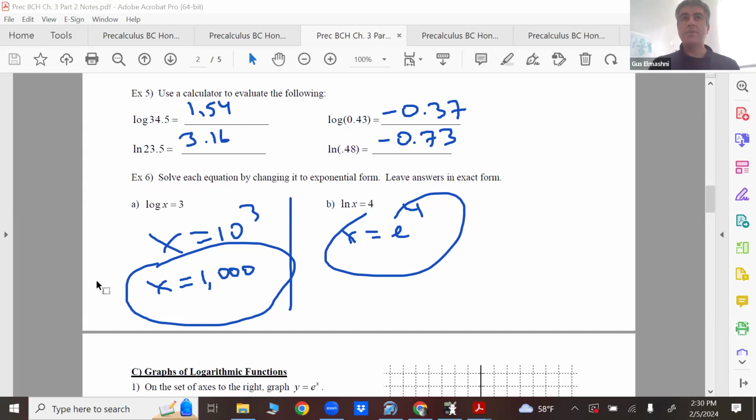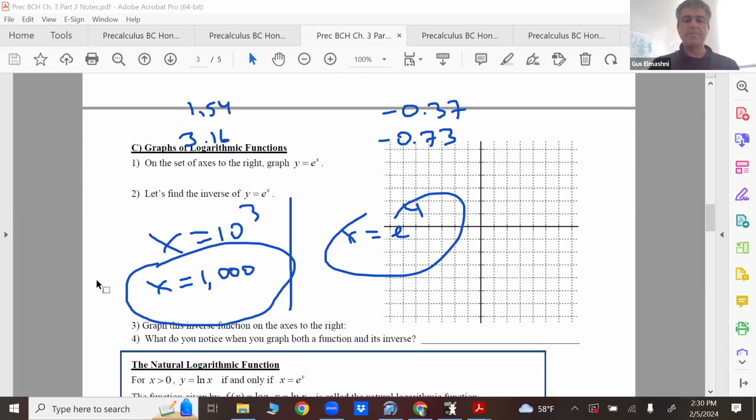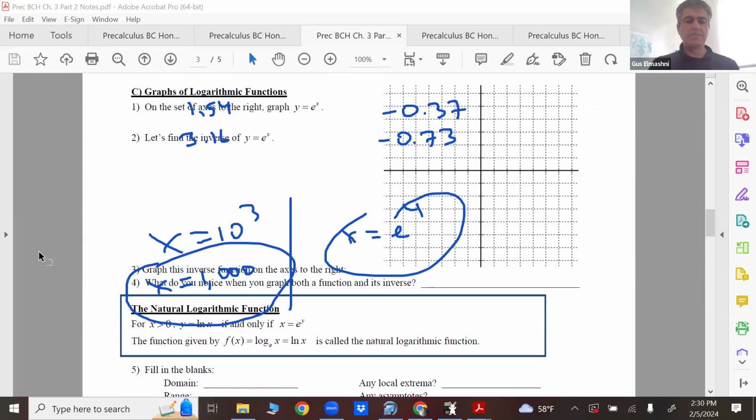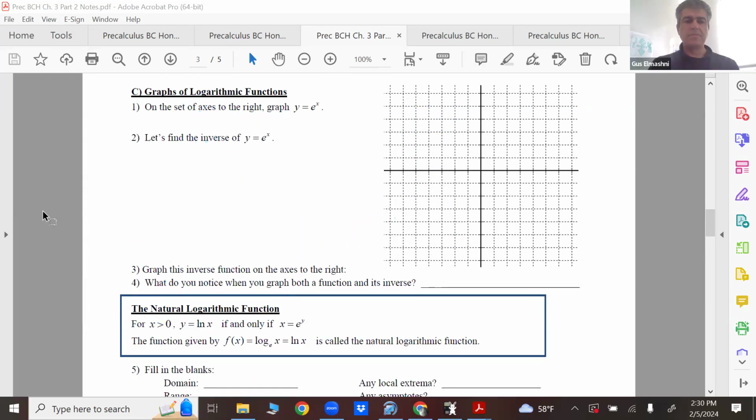Okay, any questions? We're good? So this one's pretty easy to graph. If I plug in 0, I get 1. Plug in 1, I get e.